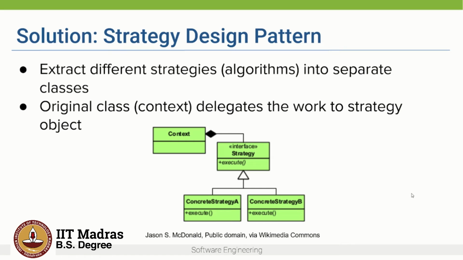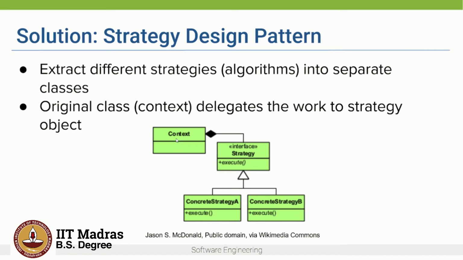And the original class, which is known as the context, delegates this work of implementing this algorithm to the strategy object, right? So in this case, you can have two strategies like strategy A and strategy B, which implement the interface strategy, and the algorithm is present in the execute method, right?